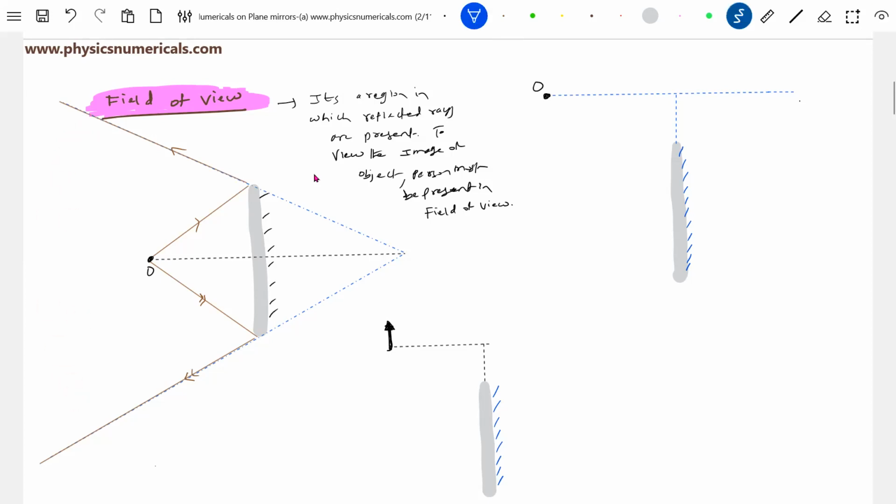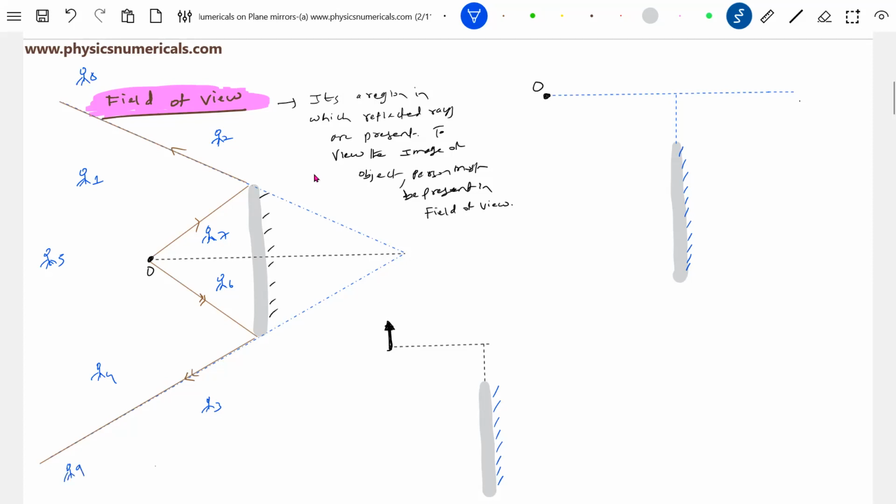Okay, let's assume that there are persons. Person one, person two, person three, person four, person five, person six, person seven, and even we'll take somewhere here 8, 9.